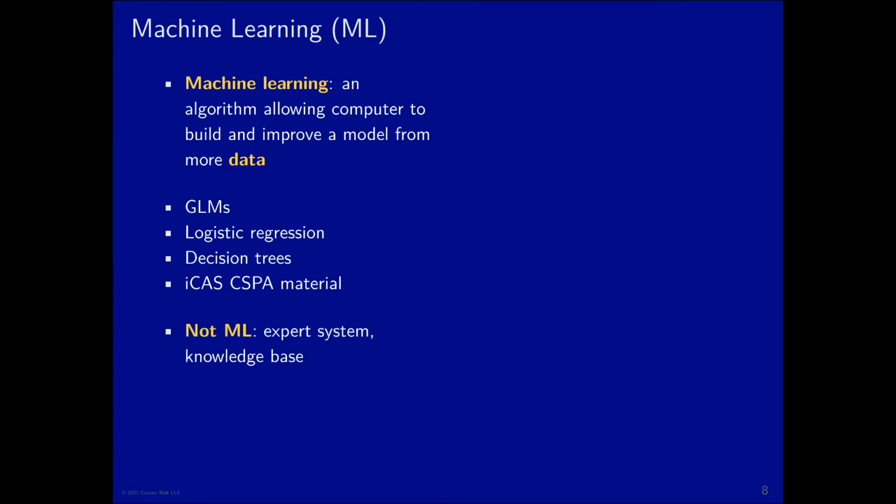Now, we take for granted that we know these methods work well. You might be scratching your head and thinking, well, how else could you do it? What other approaches would there be? Well, two examples of things that are not machine learning, that if you go back historically were maybe more popular, are an expert system or a knowledge base.